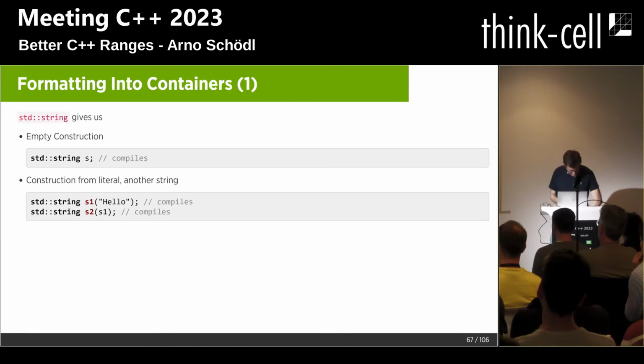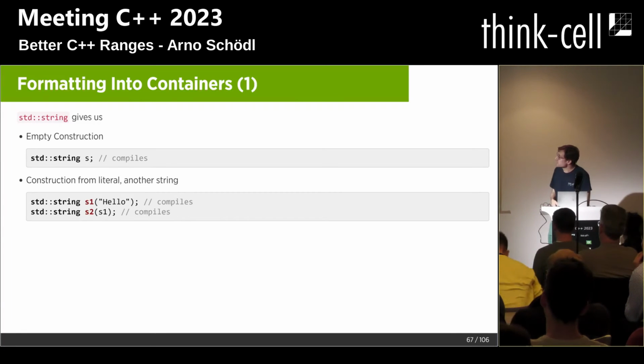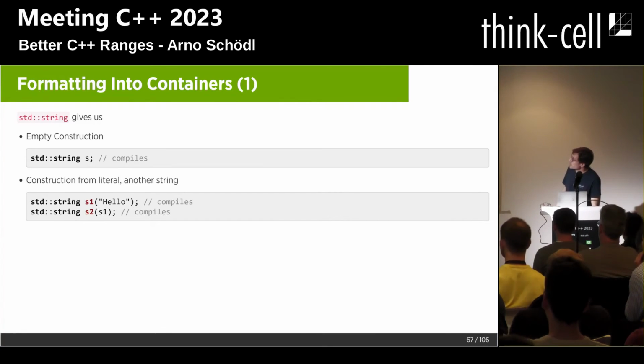Now we want to turn it into containers. Now, of course, std string gives us the empty construction, right? No parameters means empty. One parameter means use that parameter for the content of that string. Okay, makes sense.